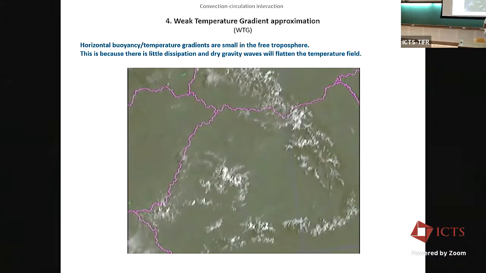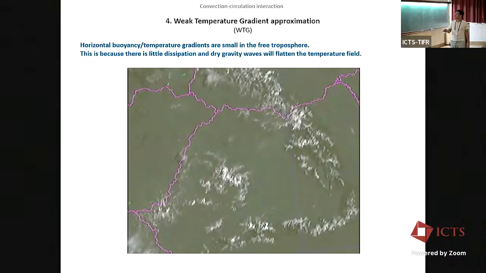And so this was also shown in a modeling experiment. There is one by Bretherton and Smolarkiewicz. And you can see that behind the gravity wave packet, you have much flatter isolines of temperature, isotherms.